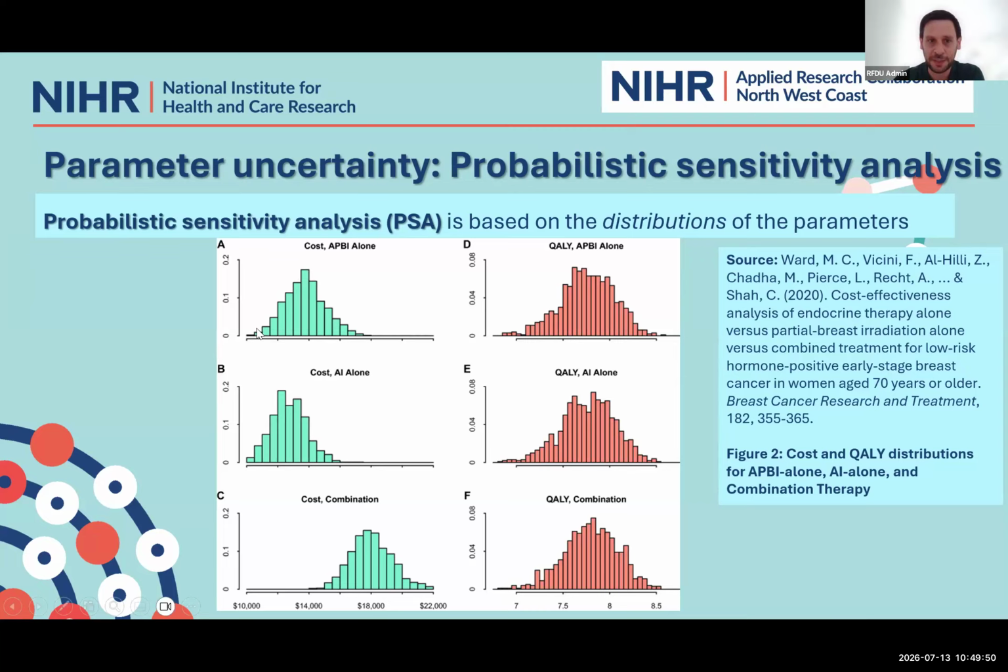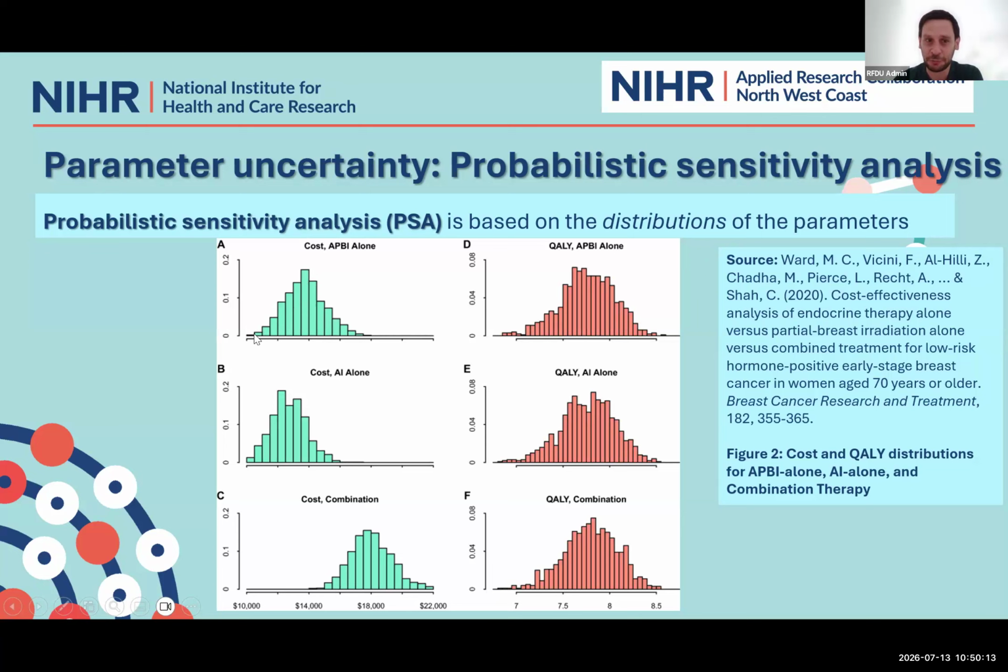Other values will be allocated a lower probability. For example, these values here seem quite extreme, and some of them are near 0%. So there is a way to take into account that these are the most likely values, and these are the most unlikely values.